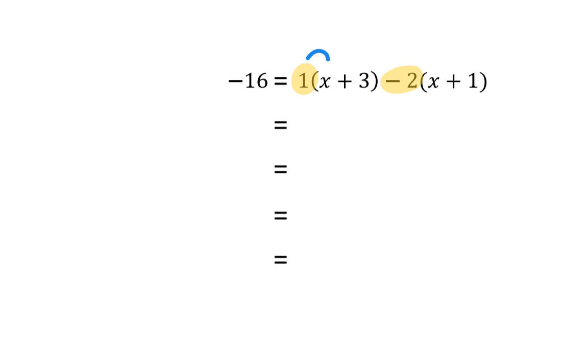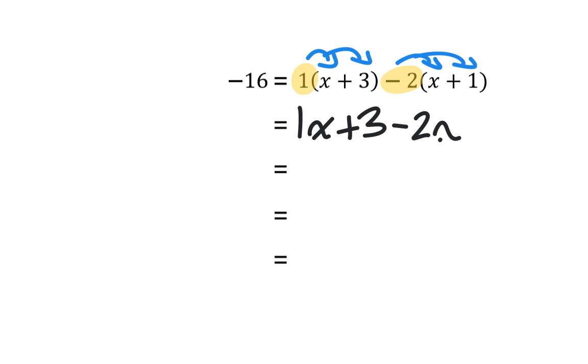Using the distributive property, we're going to be multiplying everything inside the brackets by the term outside the brackets. So 1 multiplied by x gives us 1x. 1 multiplied by +3 gives us +3. -2 multiplied by x gives us -2x. And -2 multiplied by +1 gives us -2.